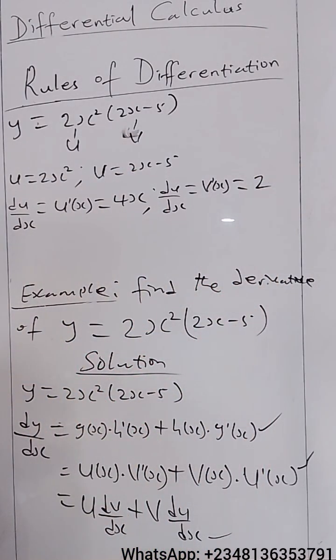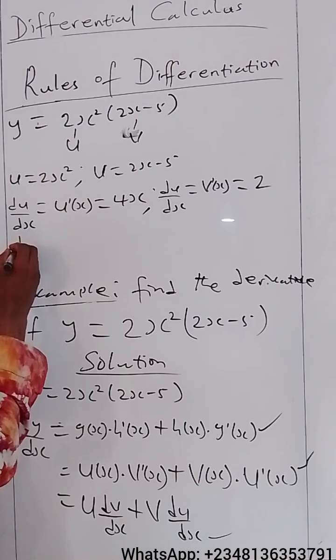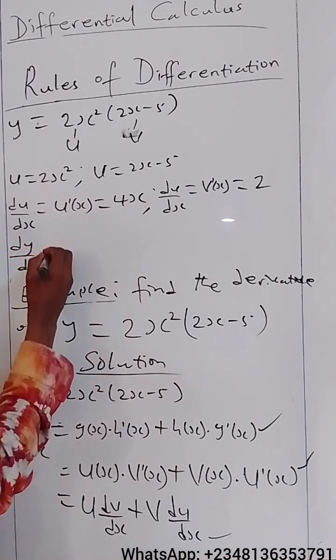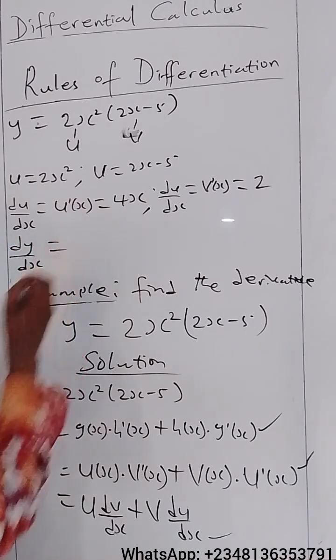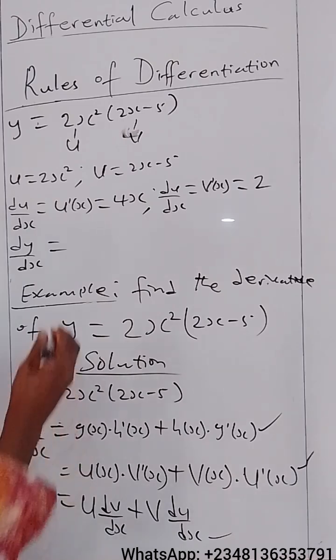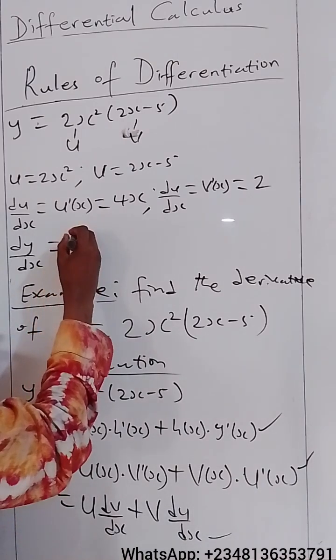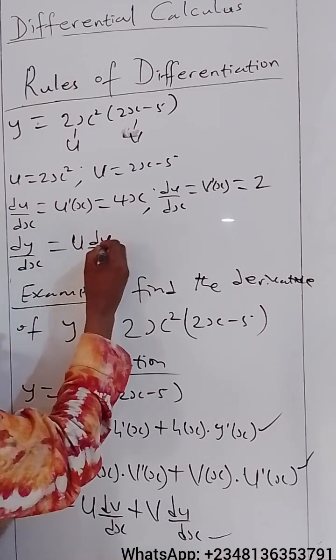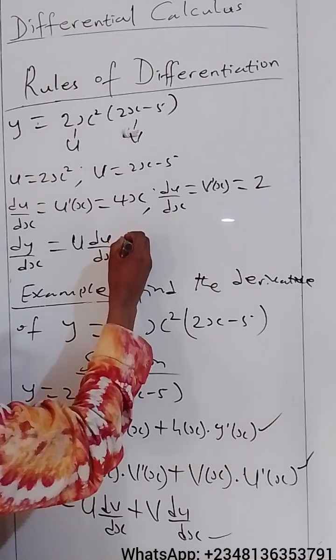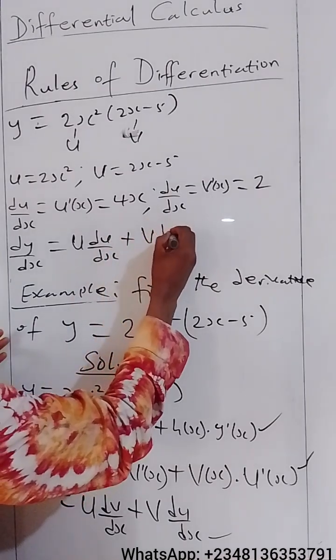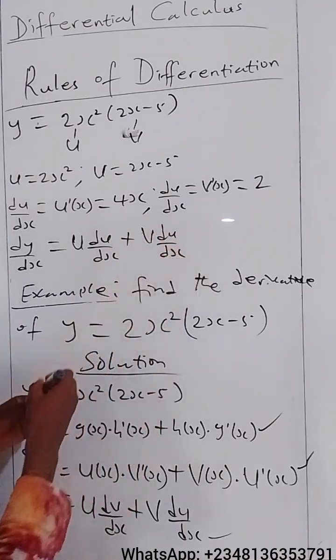Then we are good to go. We can now derive our dy/dx, which is equal to u dv/dx plus v du/dx.